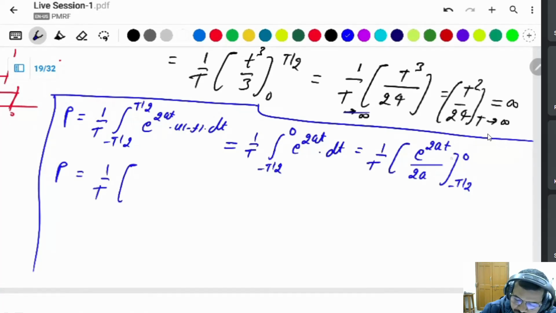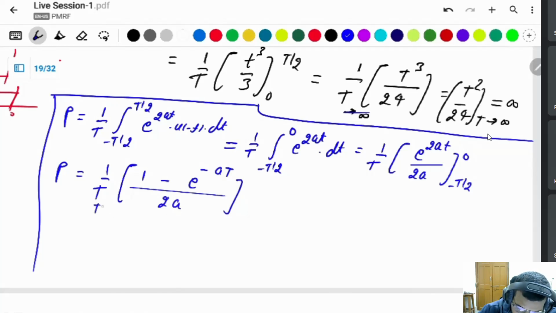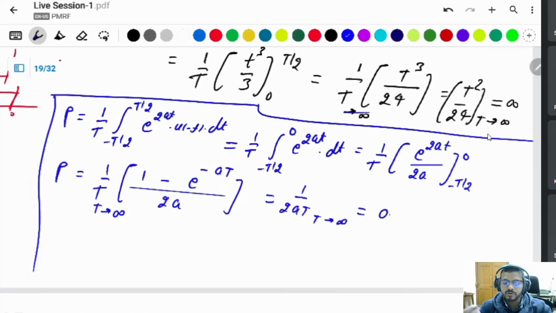So put the 0 here, then it will become 1 by 2a minus e to power minus at, this is 2a for the whole. For t where t tends to infinity, the power will be 0. Power will be 0, energy is finite, so this signal is an energy signal.